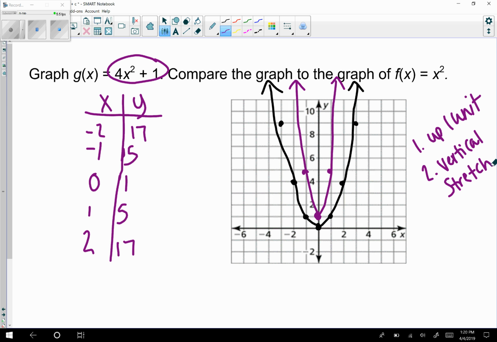And then I am just going to say that it's by a factor of 4, because I believe those are things that you're going to start being asked throughout the next couple of lessons. So just make sure that you're starting to say by what type of factor your graph is being stretched or shrunk by, excuse me.